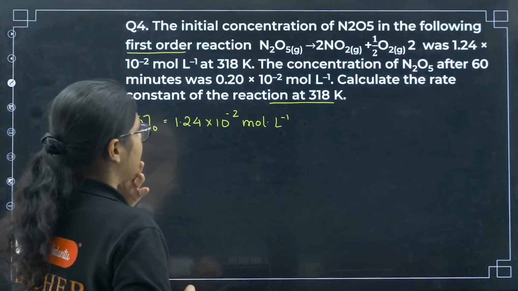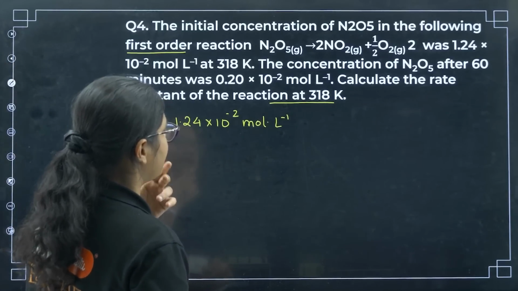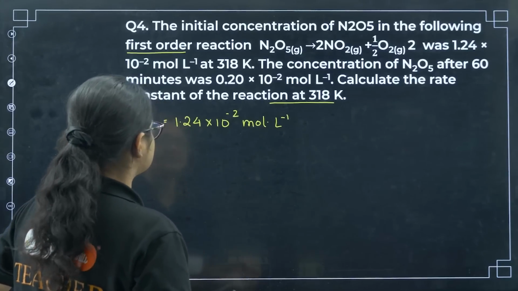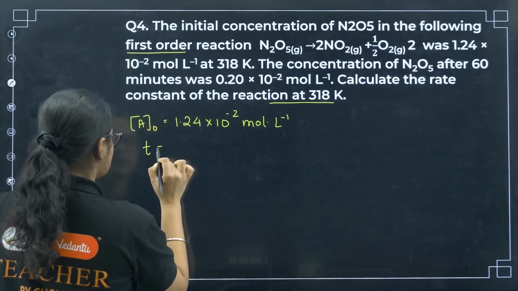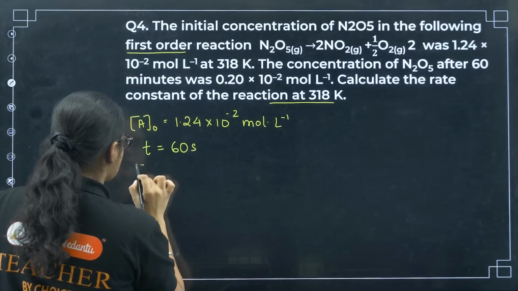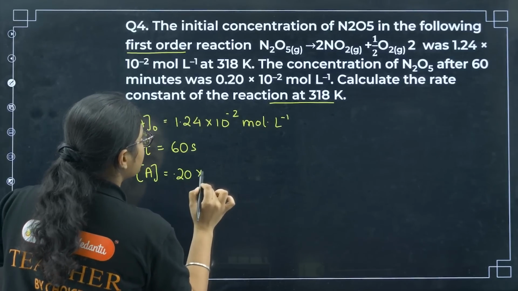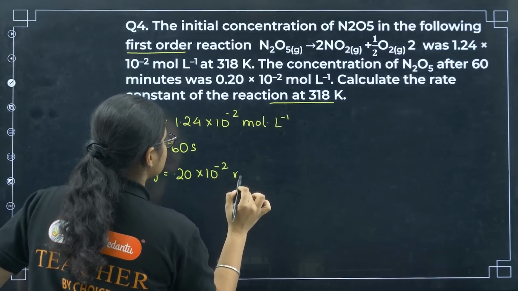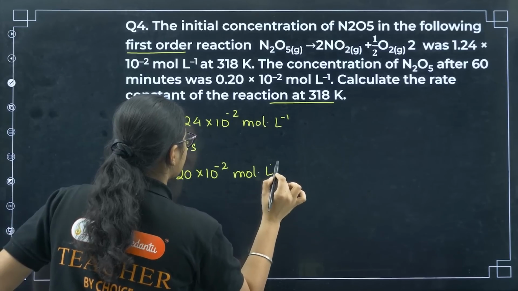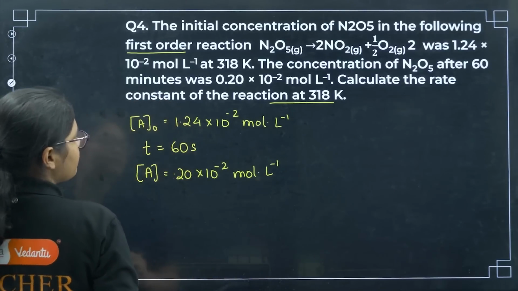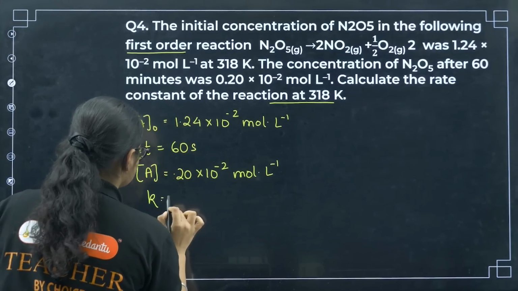Next we have the concentration of N2O5 after 60 seconds. So time given is 60 seconds. Concentration of A is 0.20 into 10 to the power of minus 2 mole liter inverse. Then we have to calculate rate constant.